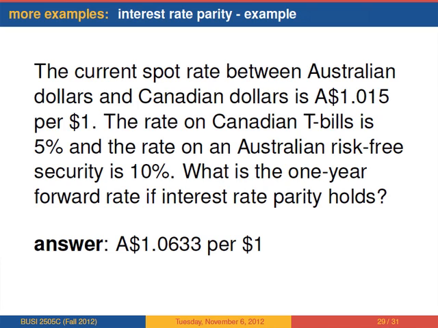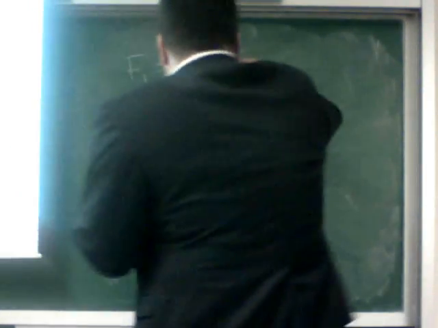Another way to say that would be, what is the 1-year forward rate if there are no covered interest arbitrage opportunity? So in this case here, that means we have the exact interest rate parity equation. So F1 is S0.